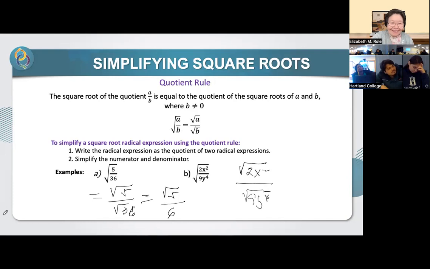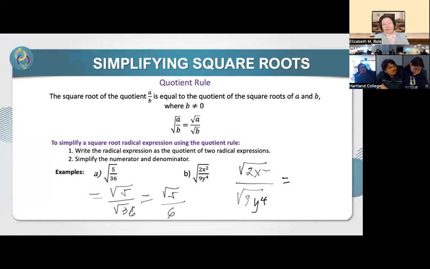Let me erase that part. It should be the square root of 2x squared over the square root of 9y to the 4th.